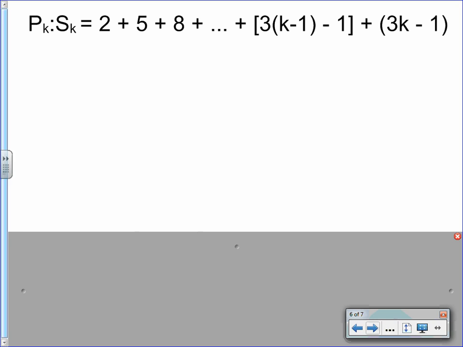So let's look at what P of k plus 1 would look like. We're still going to have 2 plus 5 plus 8.